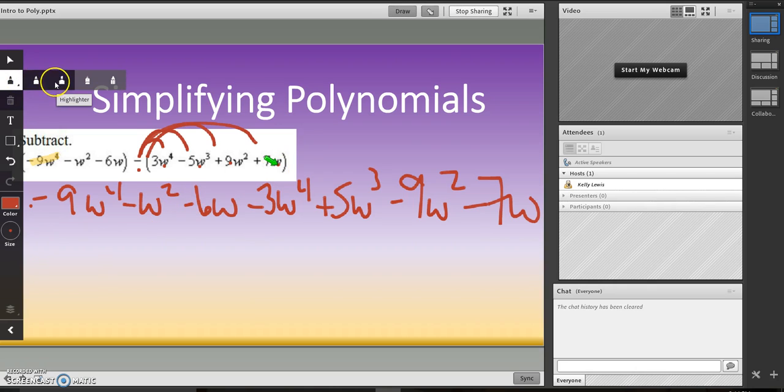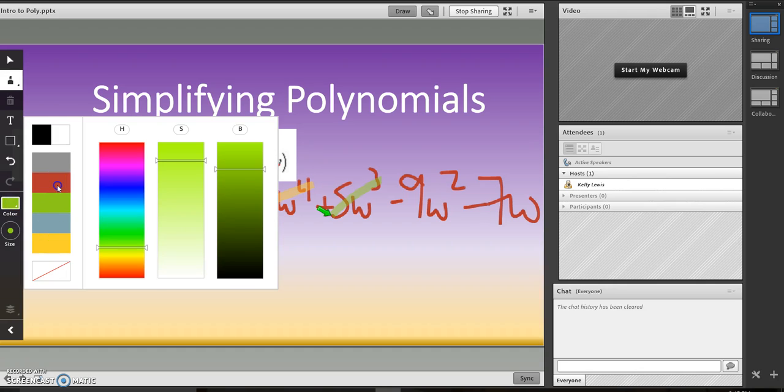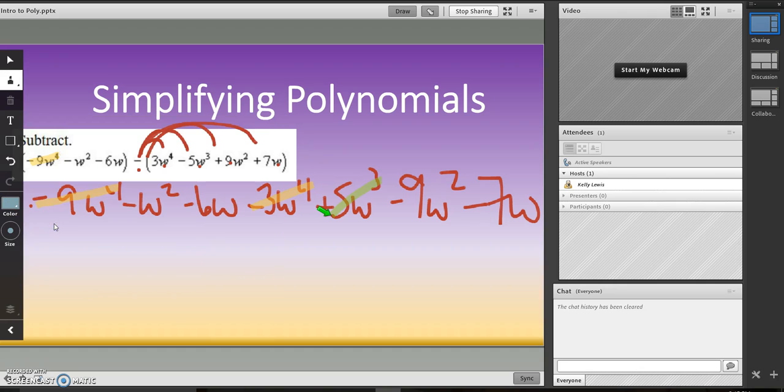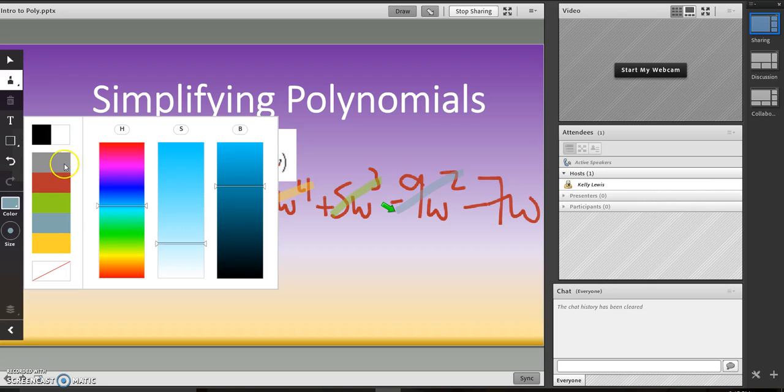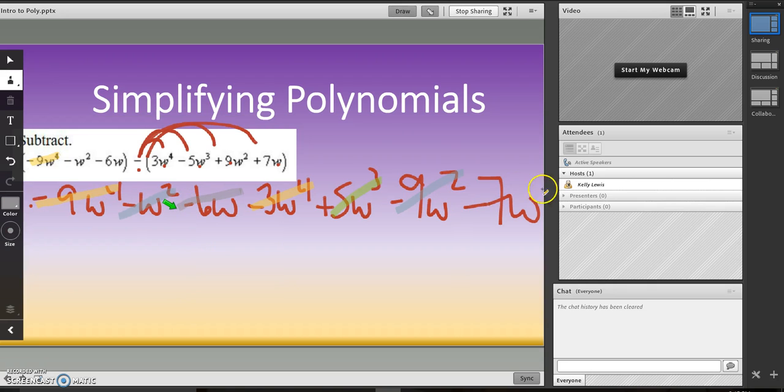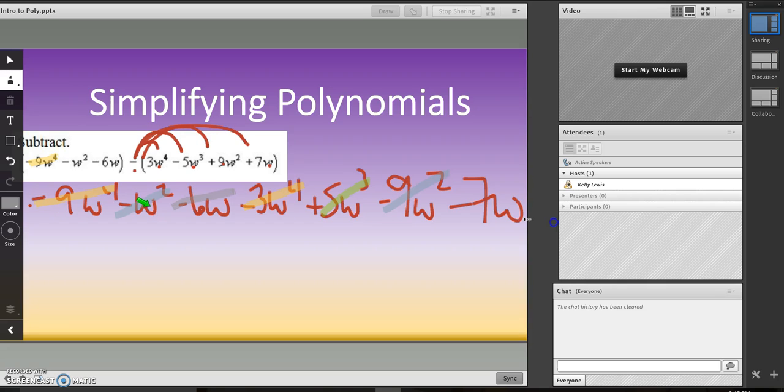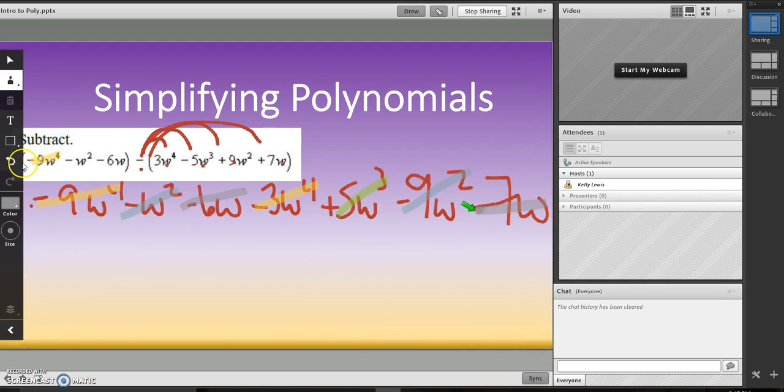Now let's figure this out. All right, W4, W4. Then we need W3s. There's a W3. I don't see any other 3s. Squared, squared, and then W, W. All right, now let's get it.